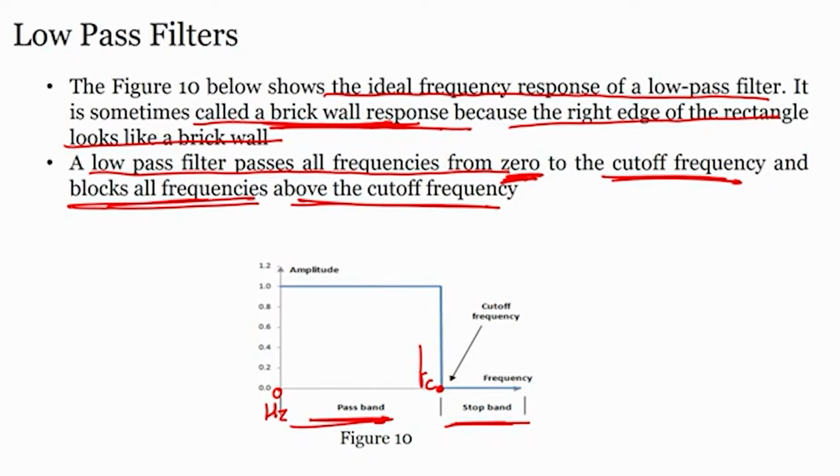Frequencies are allowed to pass, or frequencies are not allowed to pass, they are stopped. So, a low pass filter passes all frequencies from 0 to cutoff frequency and blocks all frequencies above the cutoff frequency, alright.